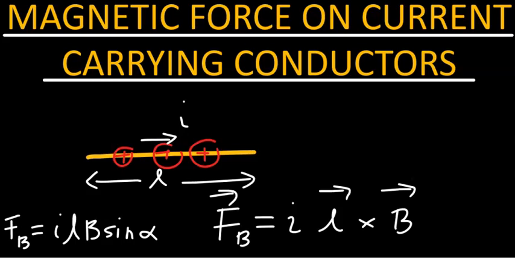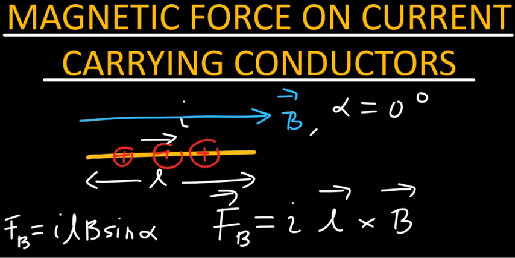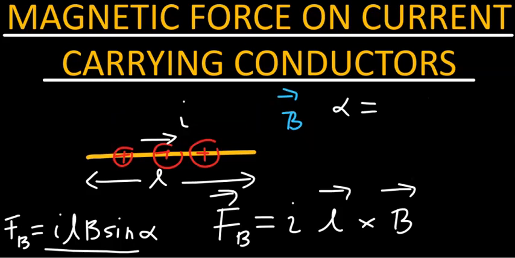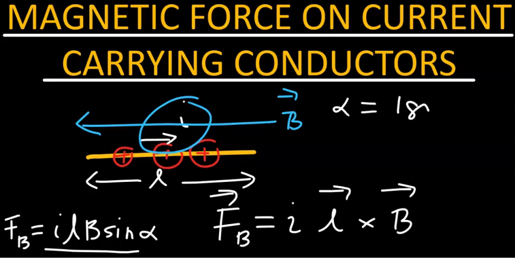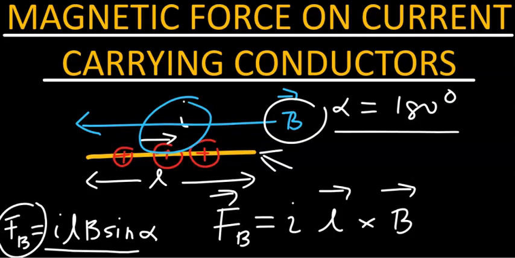So what that means is, if the direction of the magnetic field is parallel to the direction of the current, then alpha is 0 degrees, so there is no magnetic force exerted by this magnetic field on this conductor. Likewise, if the magnetic field is in a direction anti-parallel to the direction of the current, then the angle is 180 degrees, and since sine 180 is 0, there will not be any magnetic force exerted by this magnetic field on that conductor either.